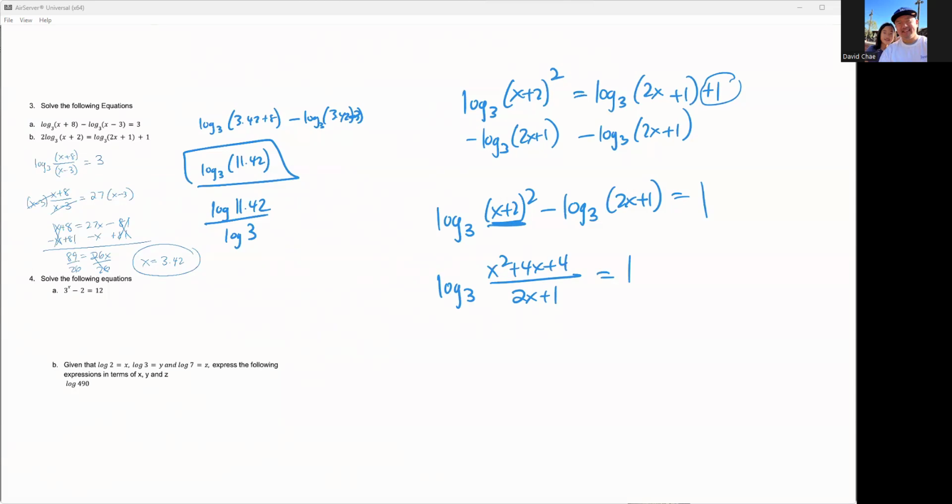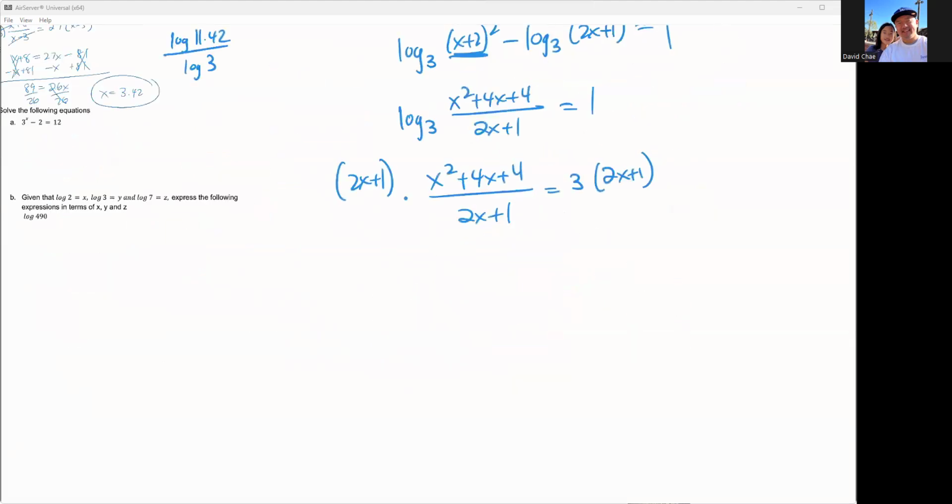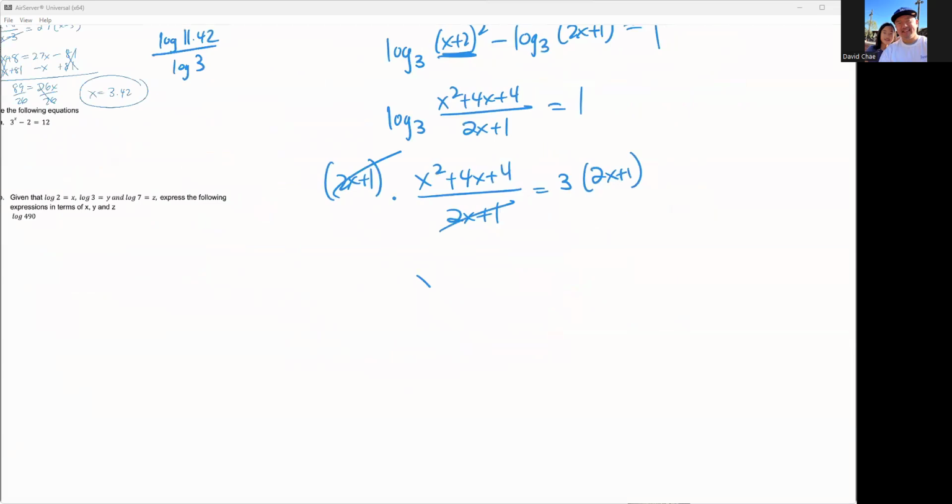So x squared plus 4x plus 4 over 2x plus 1 is equal to 3 to the first power, which is just 3. You have a quadratic, all right? So multiply both sides by 2x plus 1. Again, it's really testing your algebra skills here. Cancel, cancel. x squared plus 4x plus 4 is equal to 6x plus 3.